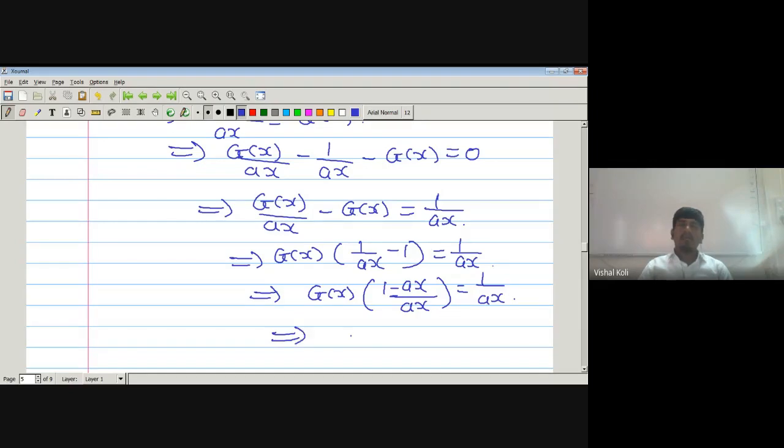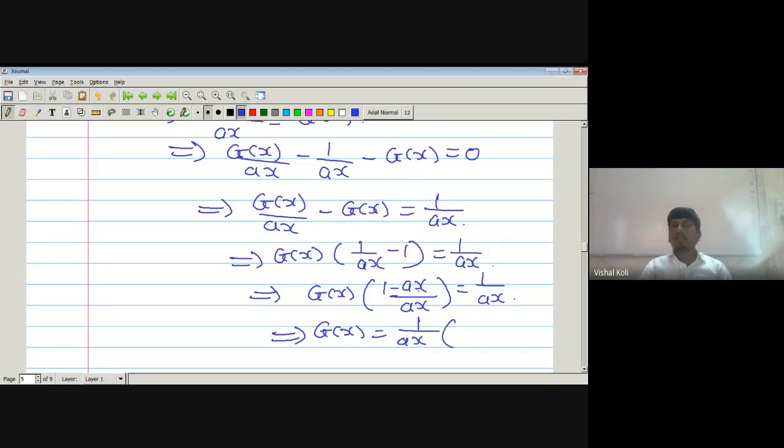Now multiply both sides by ax divided by (1 minus ax), then we get g(x) is equal to ax (1 minus ax) divided by ax into ax divided by (1 minus x), where ax gets cancelled and 1 minus ax gets cancelled, which is nothing but 1 upon ax.